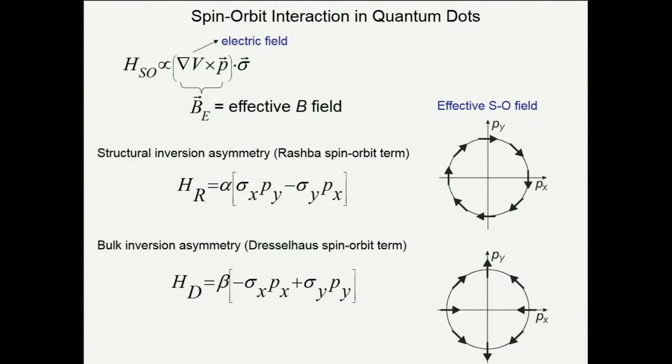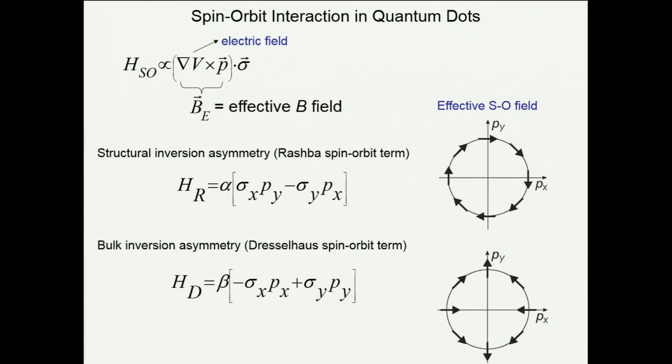So let's talk briefly about spin orbit coupling. I showed you this Hamiltonian earlier. In a two-dimensional electron gas system, there's a nice kind of intuitive picture for what spin orbit coupling looks like. Spin orbit coupling in a two-dimensional electron gas has two forms. There's something called the Rashba form and a Dresselhaus form. The Rashba term is due to electric fields at interfaces, say the interface between gallium arsenide and aluminum gallium arsenide.